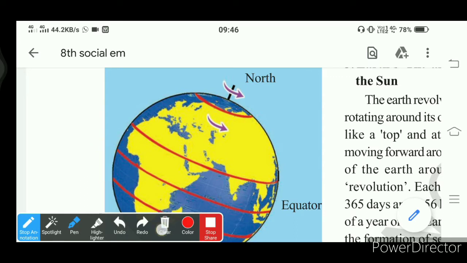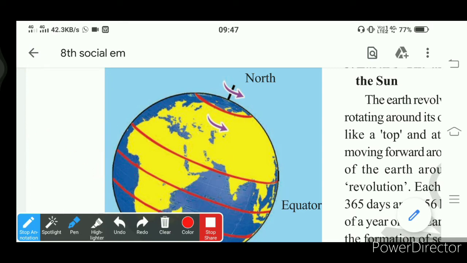This is a portion facing directly to the sun, right? Whereas the other portion, the poles, nearby the pole, is not facing directly to the sun, right? So the portion which is far from the sun will experience less heat, whereas the portion which is facing directly to the sun experiences high heat, understand?